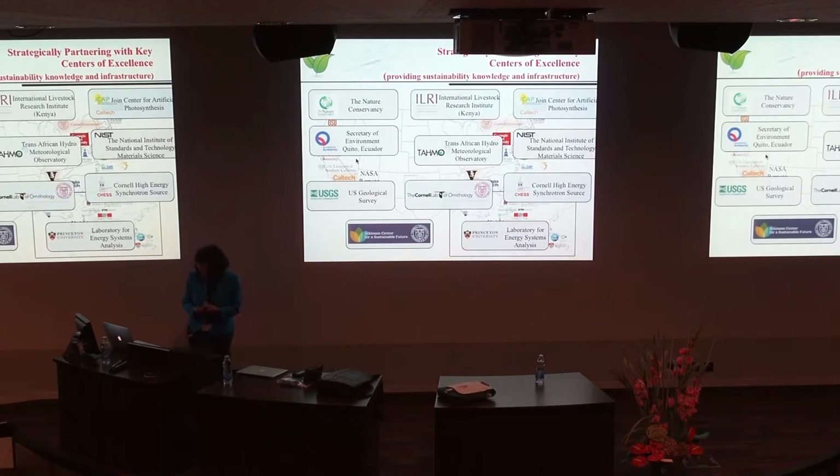This network we are teaming up with organizations such as the Nature Conservancy, for example, in Ecuador with the Secretary of Environment in Ecuador. We have obviously the Cornell Lab of Ornithology, but many organizations that are key to give us the expertise and know-how in terms of sustainability problems.